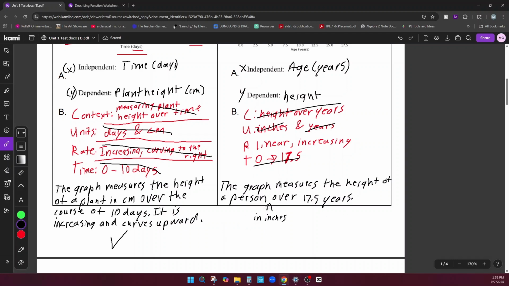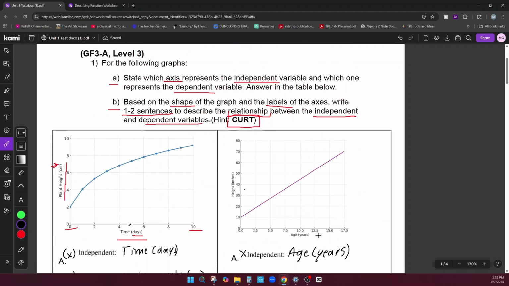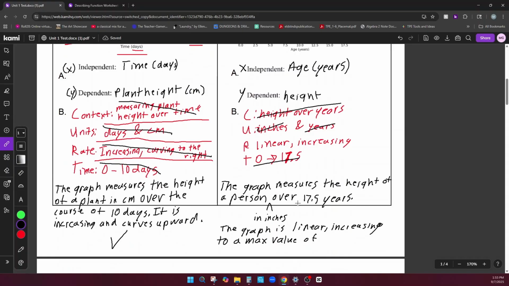So my second sentence, I'm going to start it down here because I had that little addition in there. I'm going to say the graph is linear, increasing to a maximum value of, what is that, 70 inches.